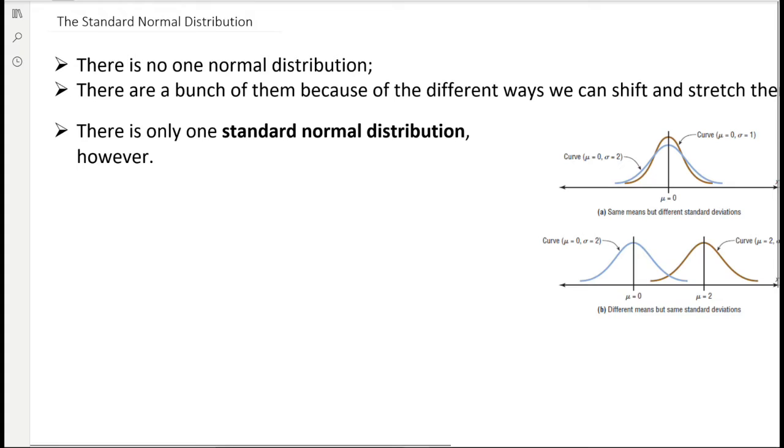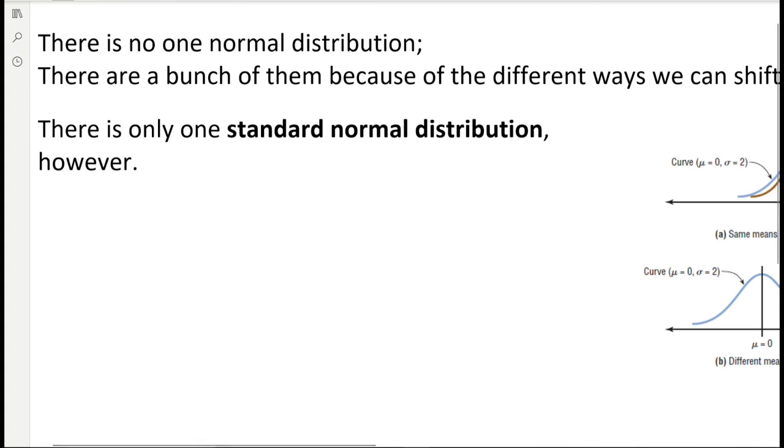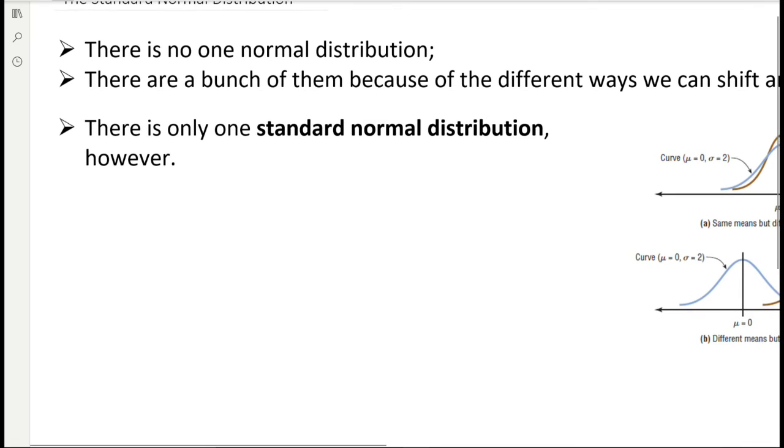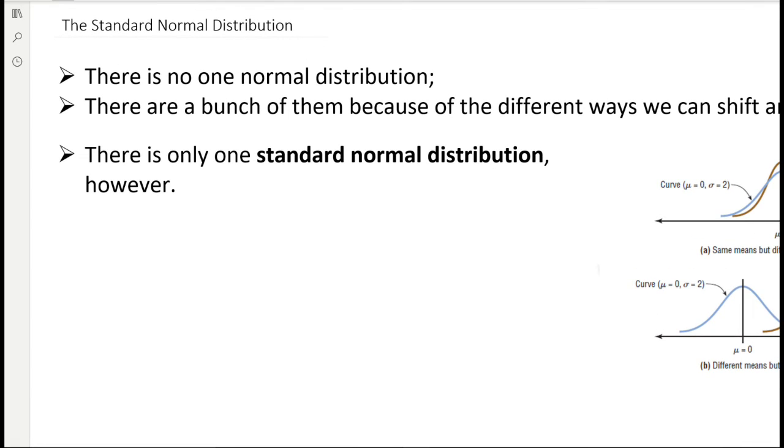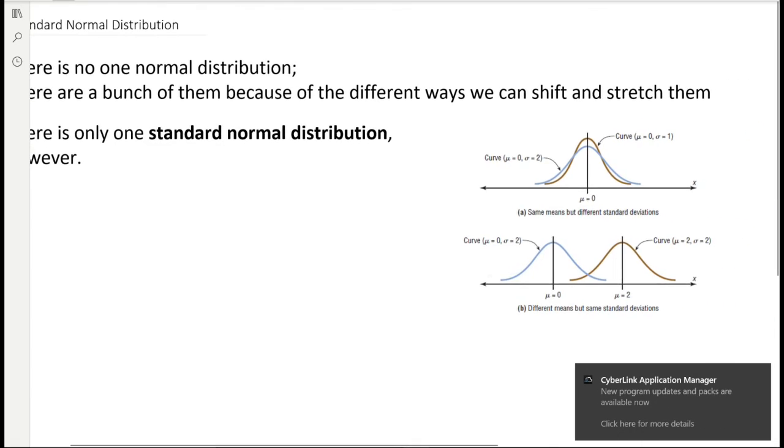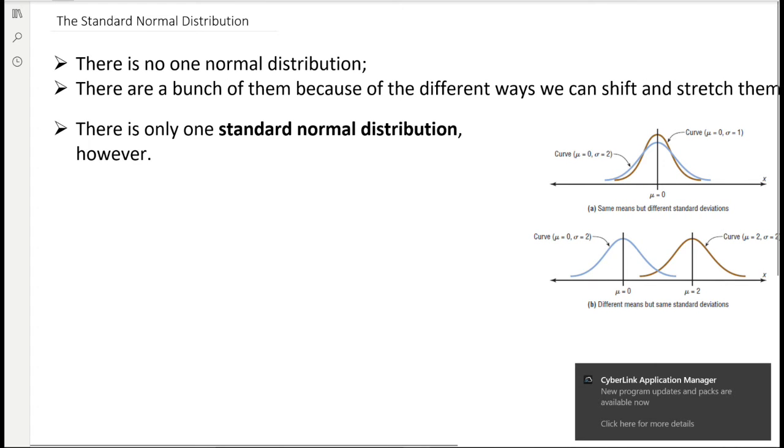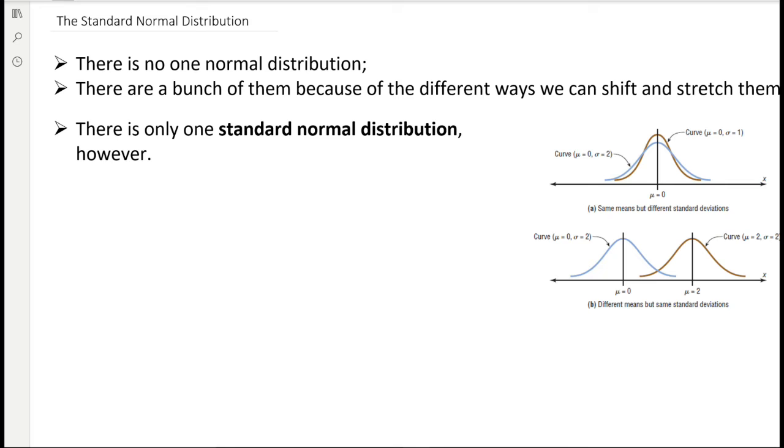So there are different spreads or different shapes, in which some are spread out, some are not, or different positions of normal distributions that you can have. Therefore, because there are a bunch of them, and we can shift and stretch them in different ways, we want to basically take any normal distribution and collapse it into one distribution in order to make calculations simpler.